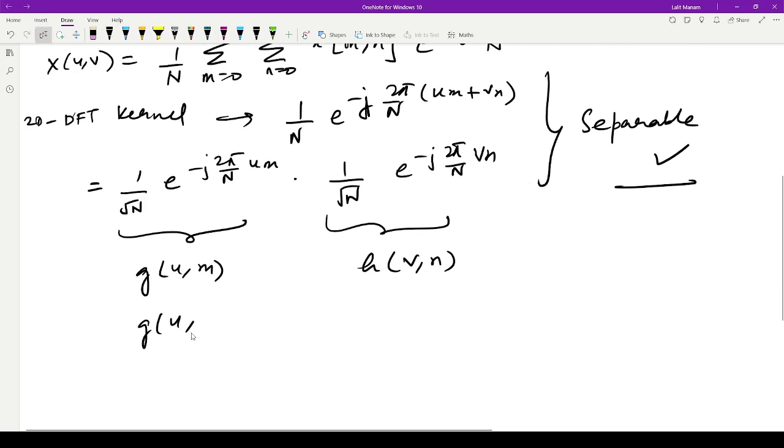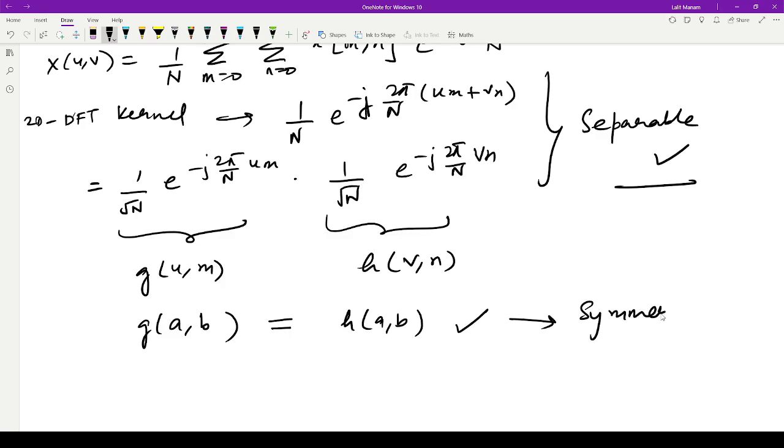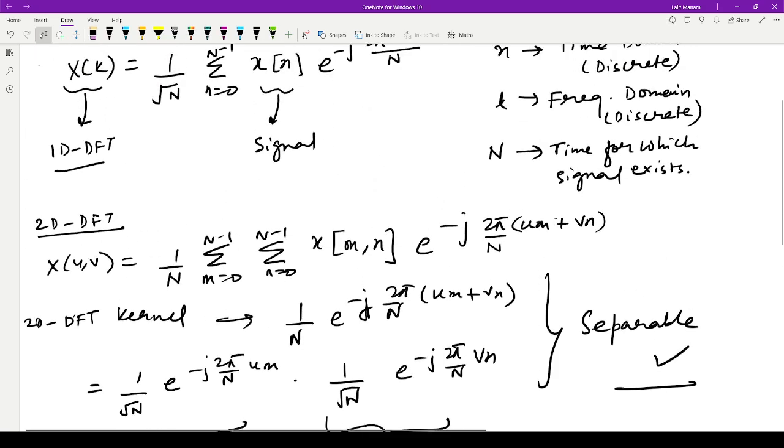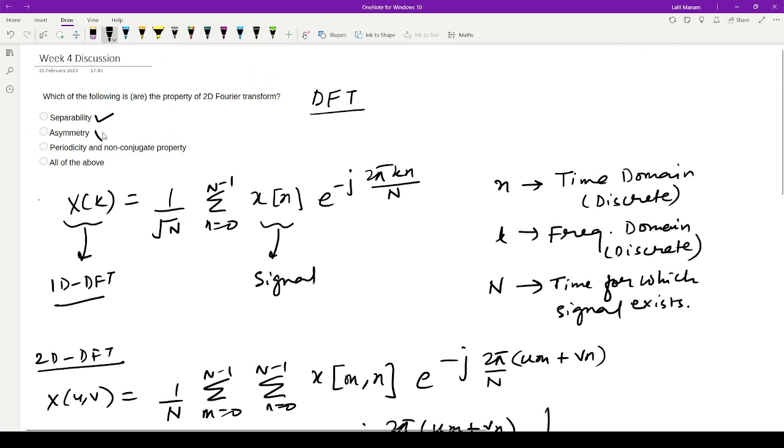Mathematically, it is wrong to write it that way, so: if g of a comma b is the same as h of a comma b, yes, both are the same. So they are symmetric. This is the symmetry condition, so the asymmetry property doesn't hold true.